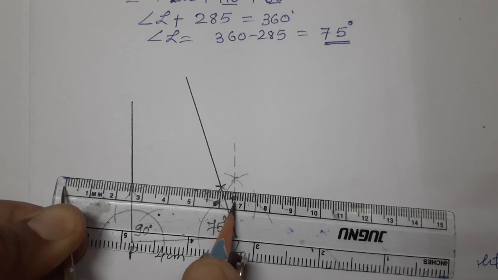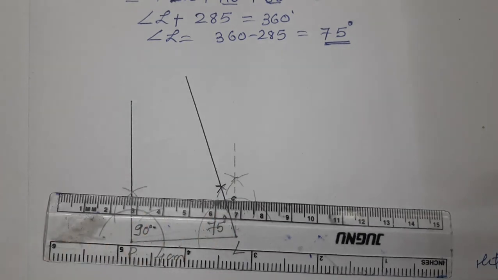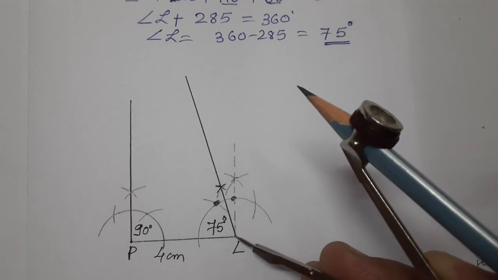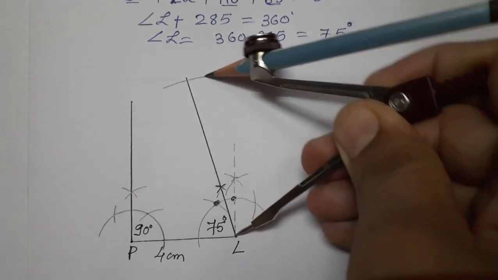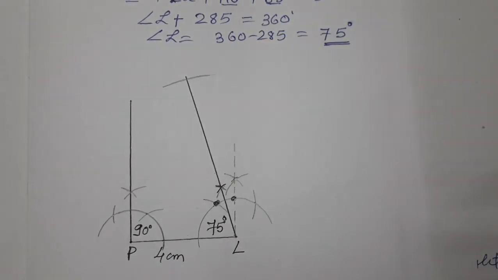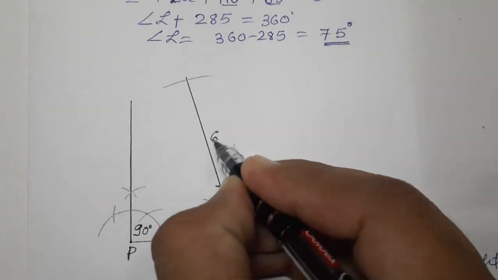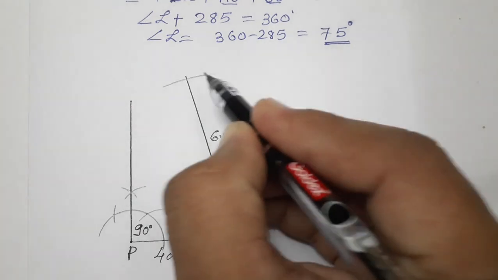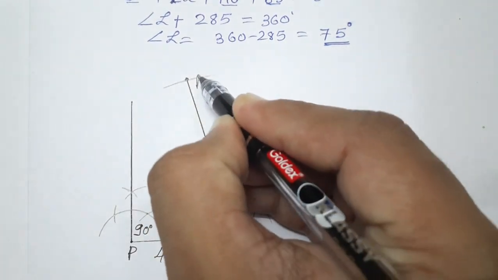This is 6.5. Now put the pointer on L and cut. So this is the 6.5 arc radius. We got this, and give the name A. This is A.